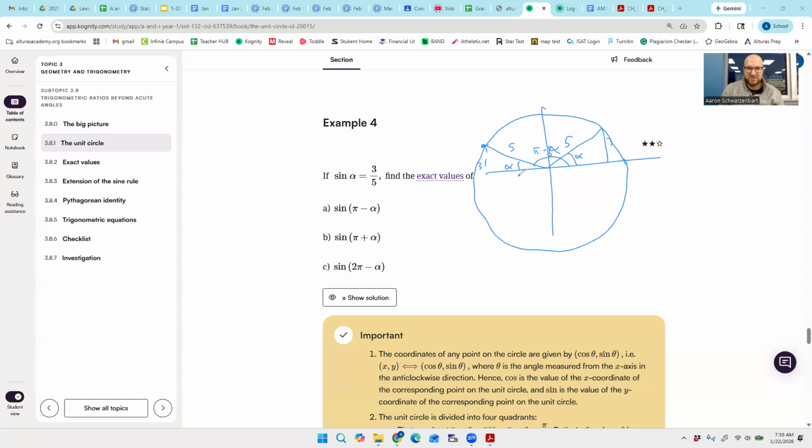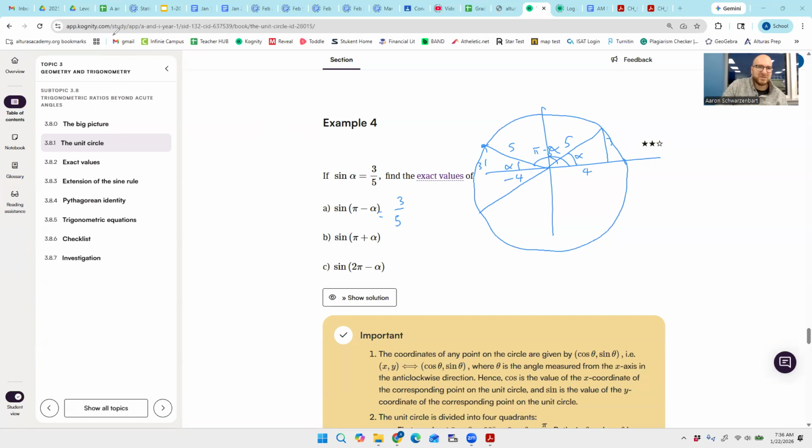3, 5. This is going to be a 3, 4, 5 relationship. That's -4, but that doesn't really matter. So that's -3/5. Or no, that's not -3/5. That's still +3/5. The 3 is positive. Now pi plus alpha.